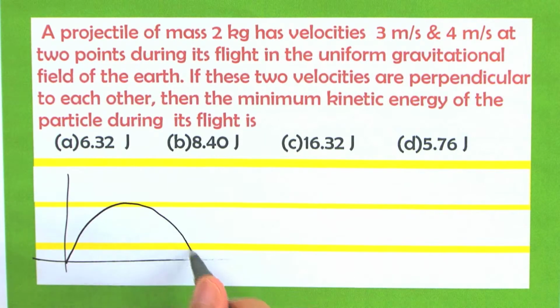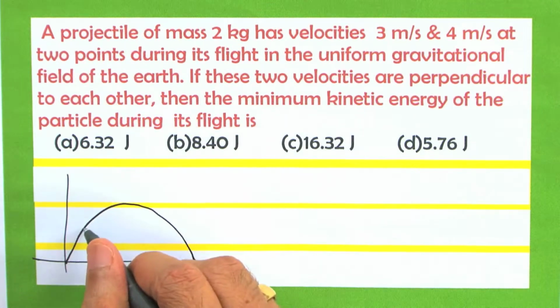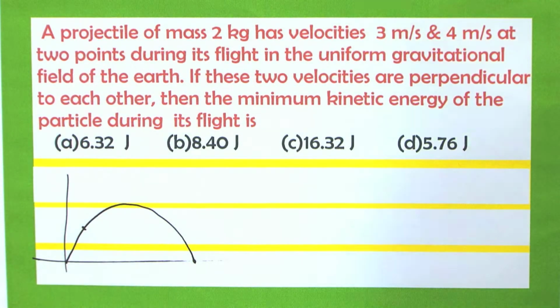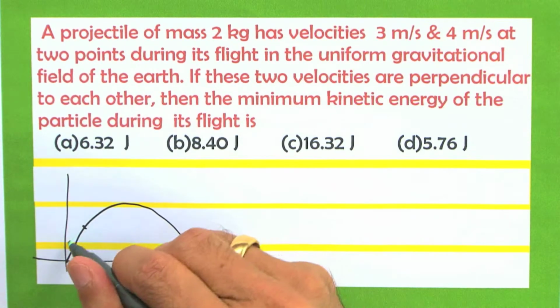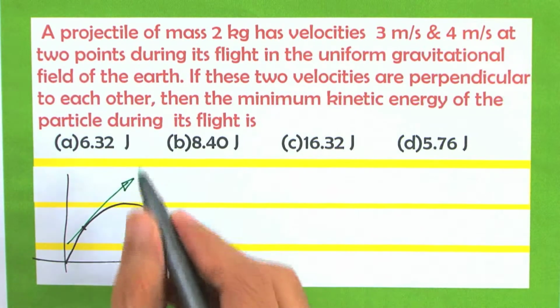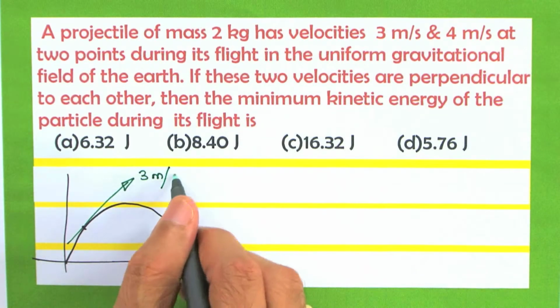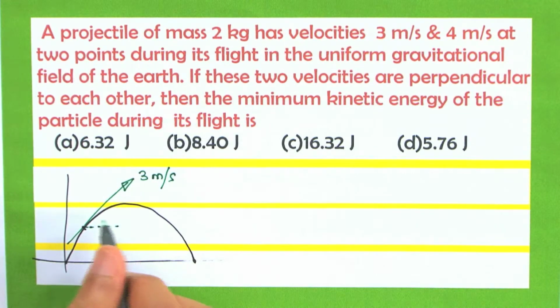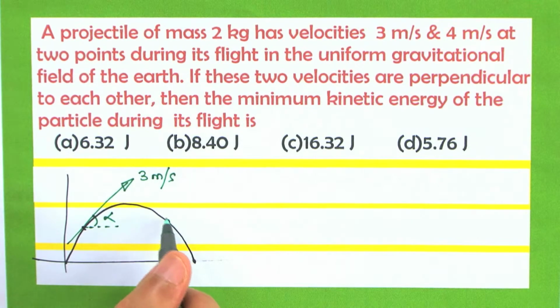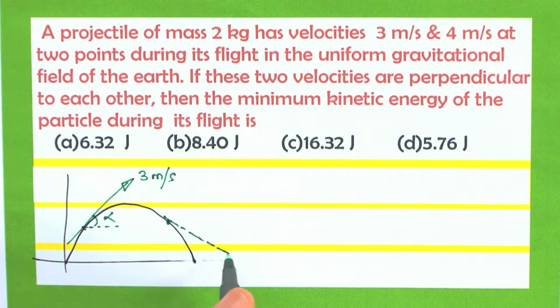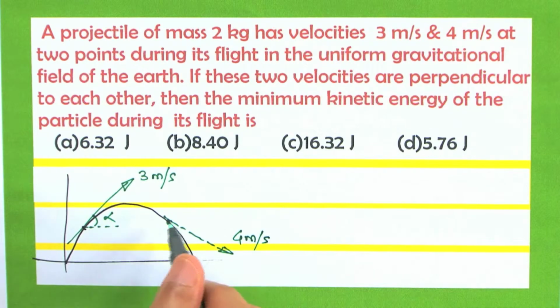So, this is, you can say, the projectile motion. Let us refer to one of the points here and the velocity to be, say, 3 meters per second, and the angle that it makes with the horizontal at that instant be alpha. And let us consider the other velocity to be when the particle is here, and this velocity is 4 meters per second, and the angle that it makes at that instant will be beta.